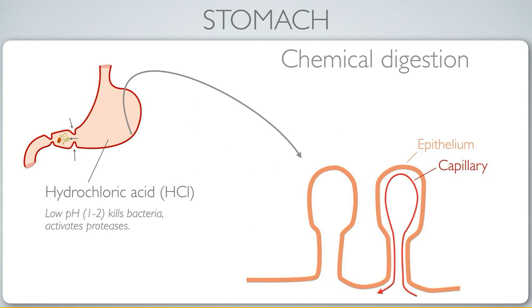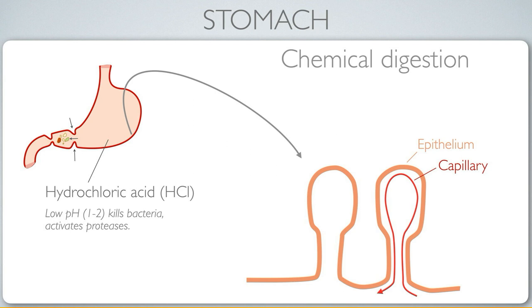And we have a whole bunch of epithelial cells that create a membrane. This membrane is highly vascularized. You'll see that a lot in the GI tract, in the small intestine. It's for absorption, also in the large intestine. Here, it allows for hormonal controls of the cells that line the epithelium.